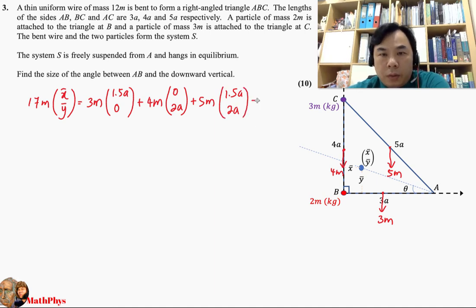Finally, I'm going to include both of the particles. For the 2m mass, because it's located at the origin, there is no center of mass, it is just 0, 0. Whereas the other one, 3m, is located at 0, 4a.